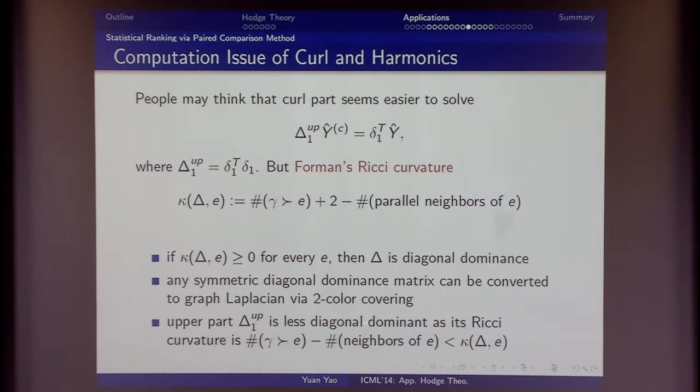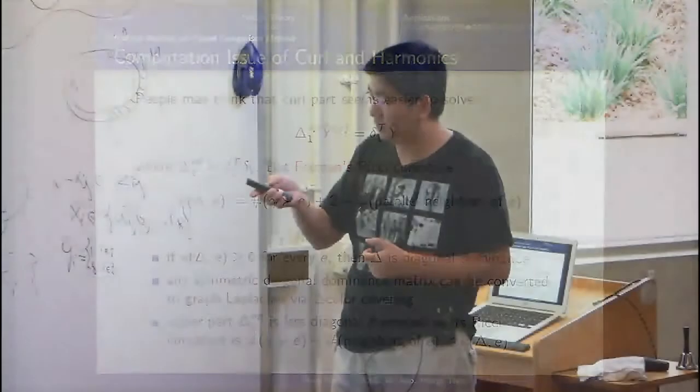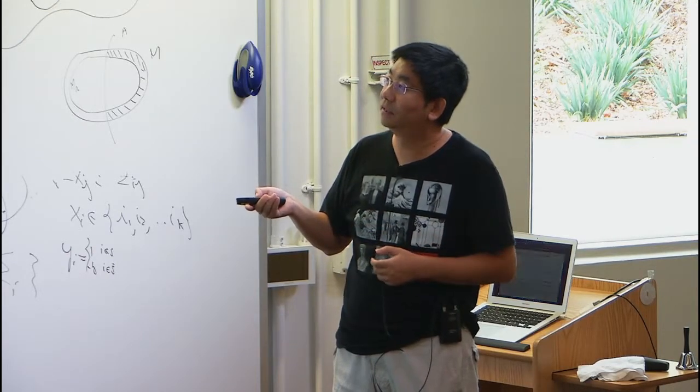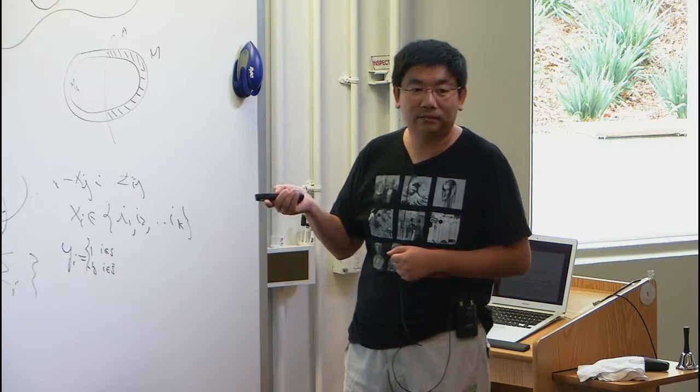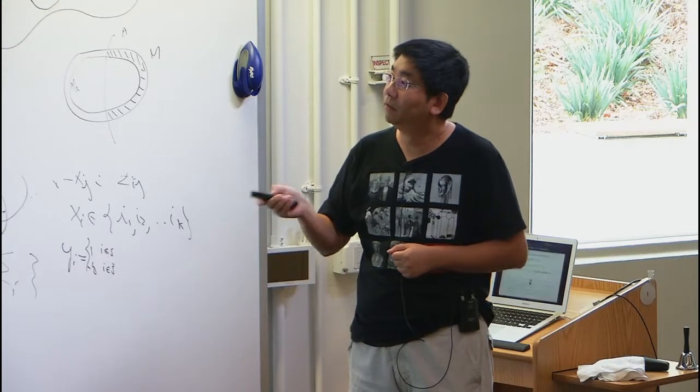If you pursue the diagonal dominance technique, perhaps this upper part is much harder to solve. So I'm not sure whether this is a good reason to persuade you to move to harmonic ranking computation rather than the curl computation. But there are lots of things inside this kind of question that may be considered.